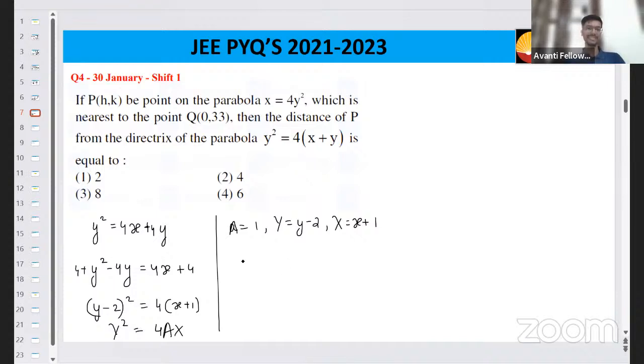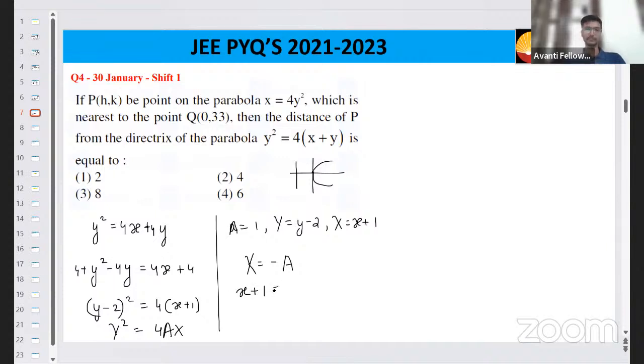Now, directrix. What is the equation of directrix? For Y square equal to 4AX, the directrix is X equals minus A, parallel to the y-axis. What is X?